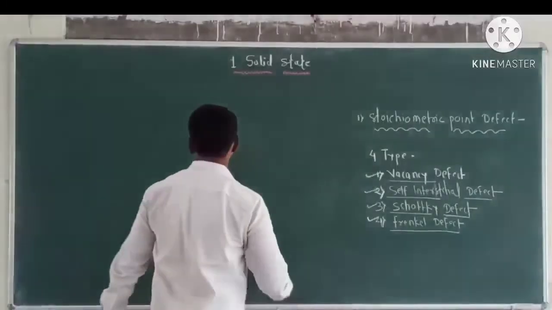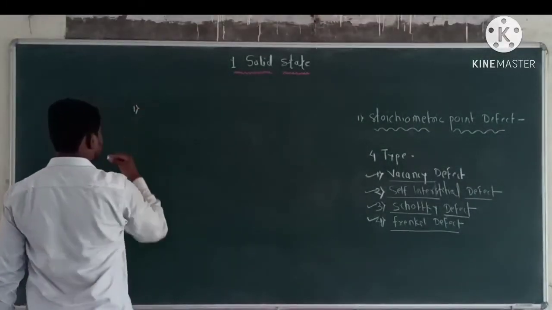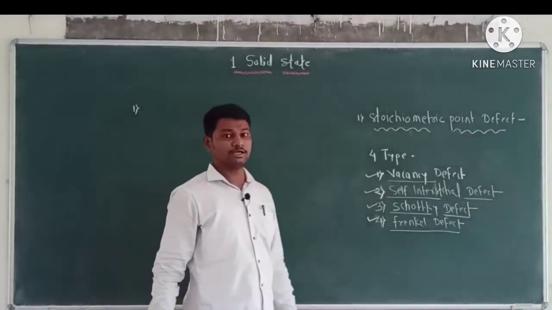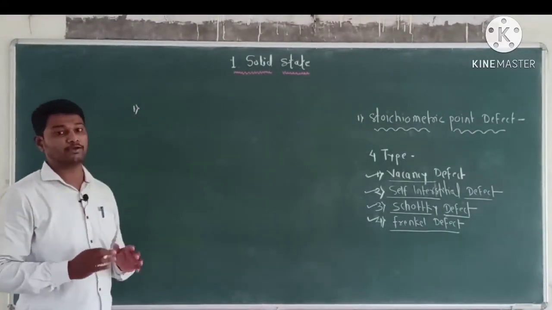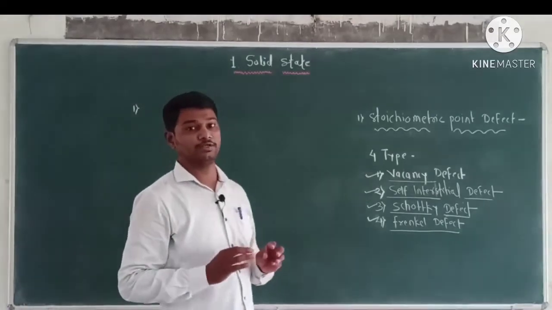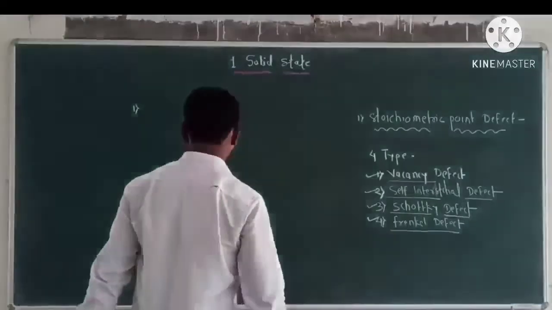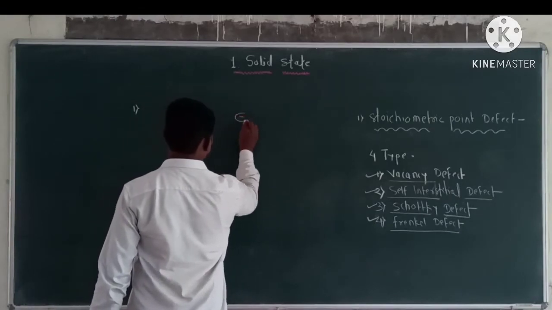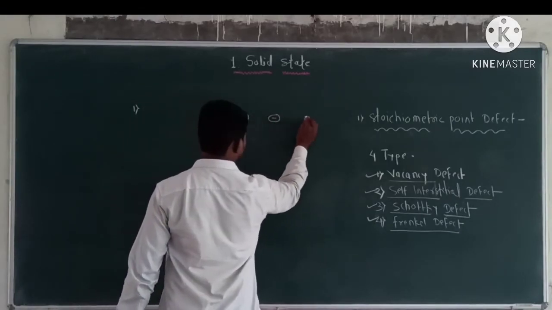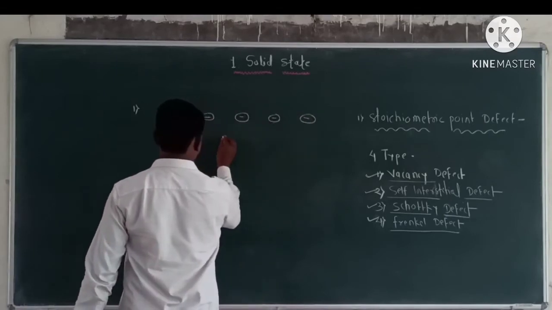Okay. Now first point, in a Frenkel defect some cations, only cations, leave their regular position and occupy the interstitial site of the ionic solid. For example, this is the ionic solid.